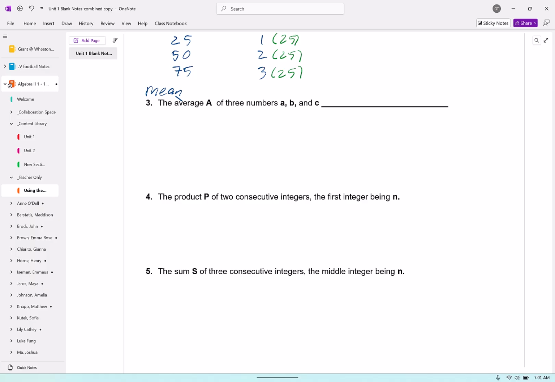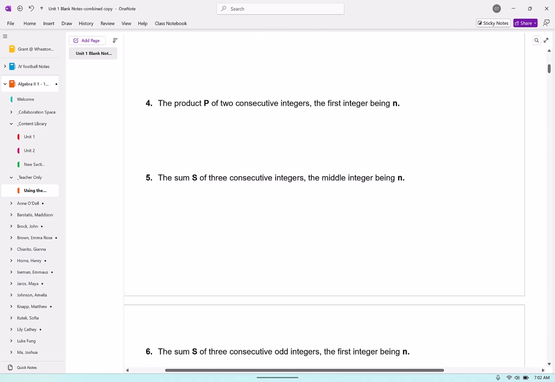So if I have 3 numbers, then I could solve this as A equals those numbers added together, a plus b plus c, divided by 3. You could also see this written as A equals parentheses a plus b plus c, divided by 3. It's just another way to see that same information.